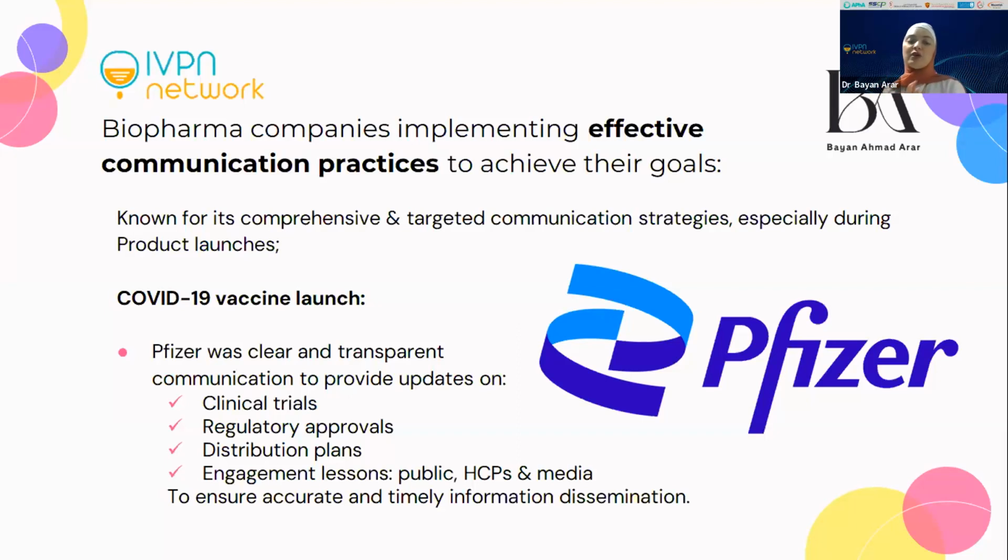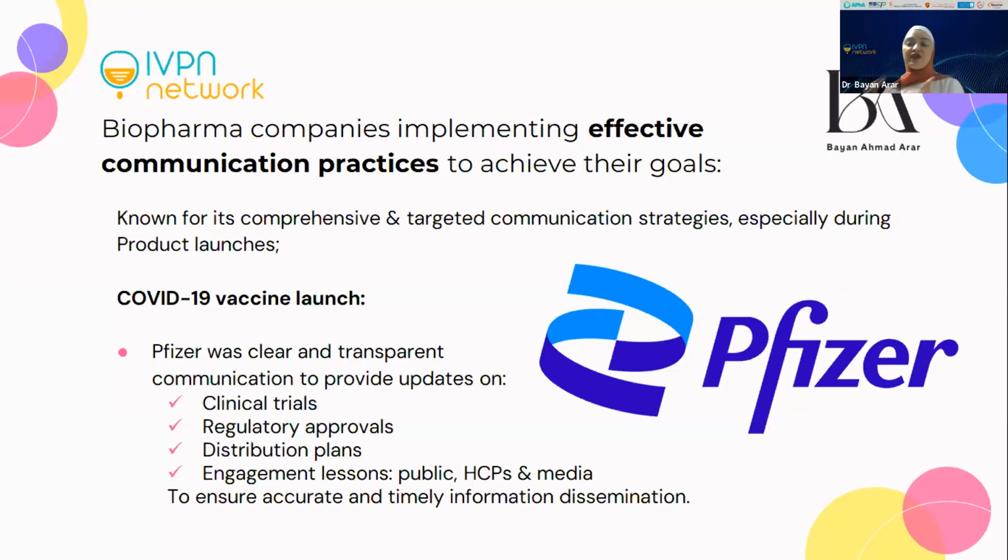They implemented a new approach called emergency use authorization. So they didn't go with the traditional way. They told the whole globe that we're going to do the impossible to bring you this vaccine that would save your lives and help you get back to normal.